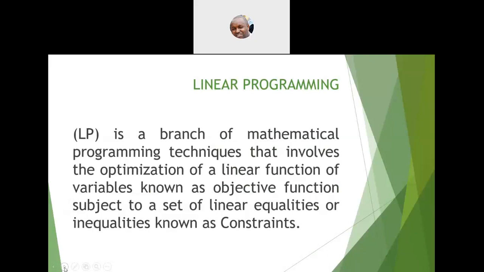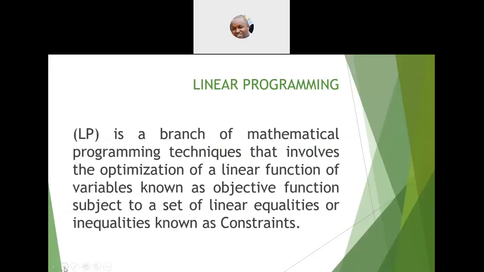So we are saying that this is a mathematical technique in which we try to optimize a certain variable, which we'll be referring to as objective function. If we want to maximize our utility, the objective function is utility maximization. If we want to minimize our costs, the objective function is cost minimization. Of course, subject to given constraints.